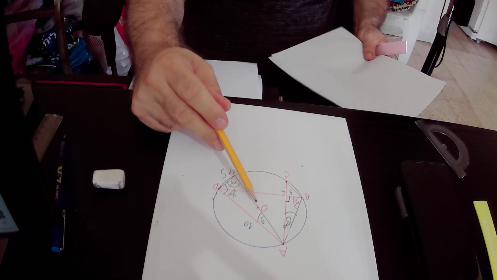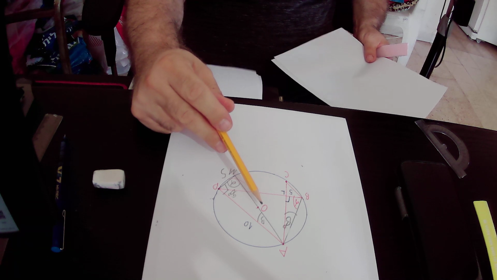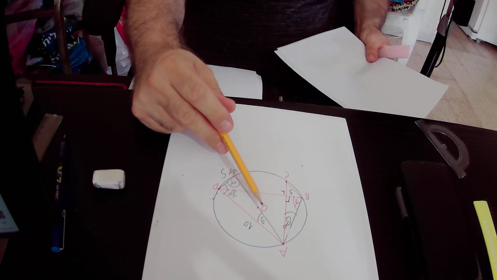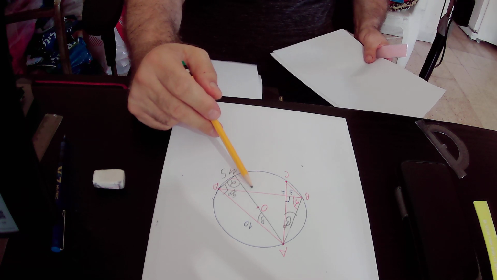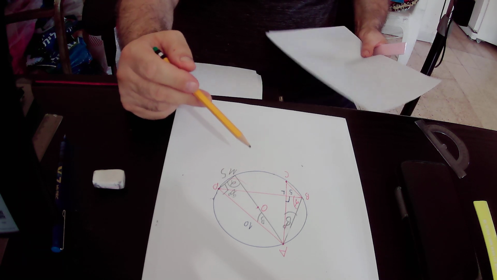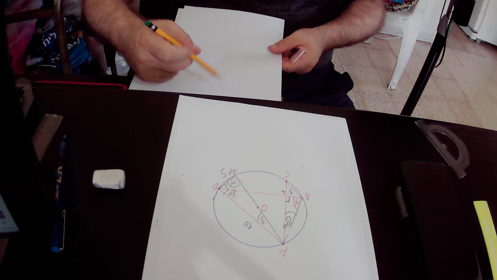The hypotenuse is also equal to the diameter of this circle, and then we will divide the diameter by 2 in order to find out the radius of this circle. Very simple.